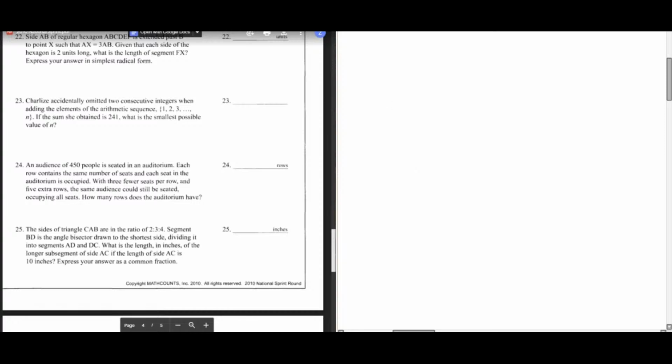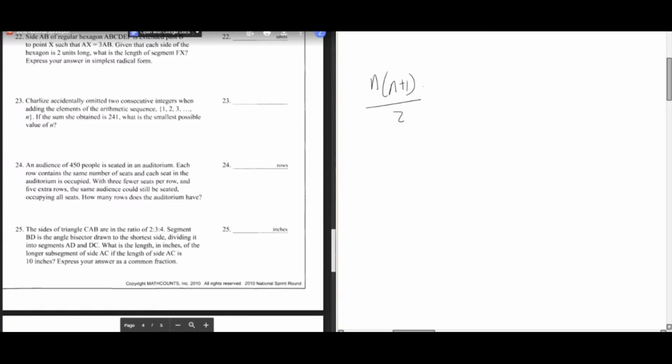So we basically just want to find n such that the sum of the sequence will be greater than 241. So we can just try some numbers. This is kind of easy because it starts from 1, so we can just use n times n plus 1 over 2. This is the quick and easy formula for the sum of 1, 2, 3, 4, 5 all the way up to n.